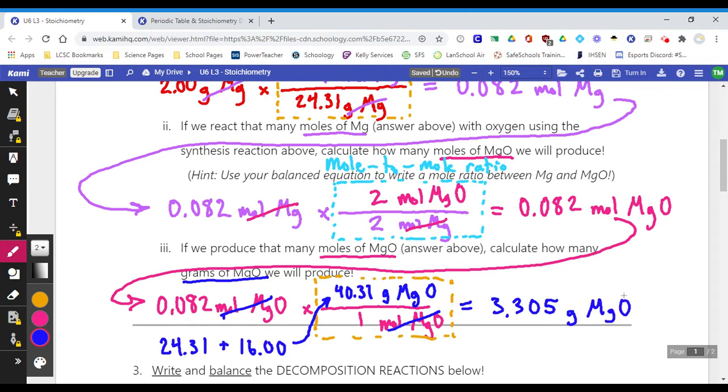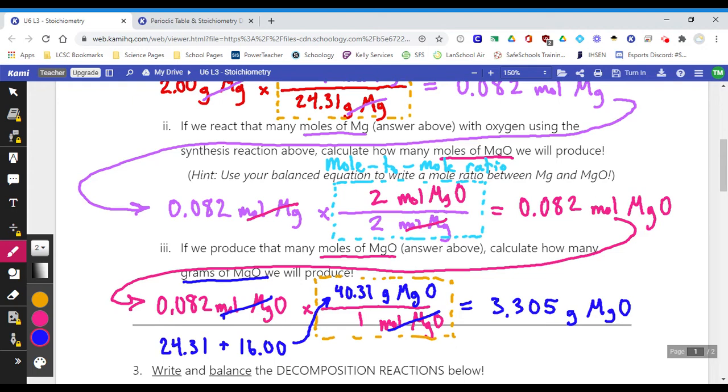There we go. Or again, something close to that. Maybe it's rounded to 3.31 or something like that. Well, does this answer make sense? If we had exactly 1 mole of MgO, then it would be 40.31 grams of MgO. But we don't. We have 0.082 moles, way less. So it's going to be way less than 40.31. So our answer is going in the right direction. That's a good sign.